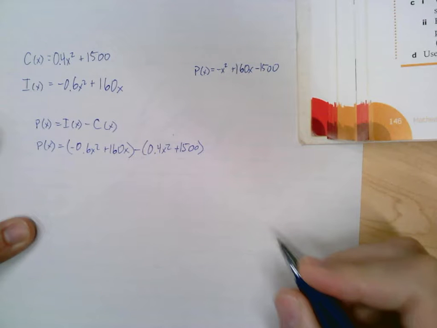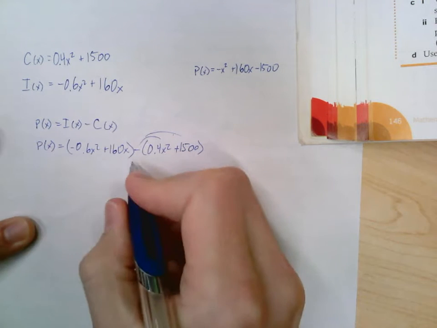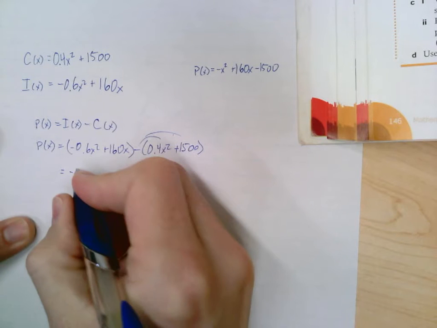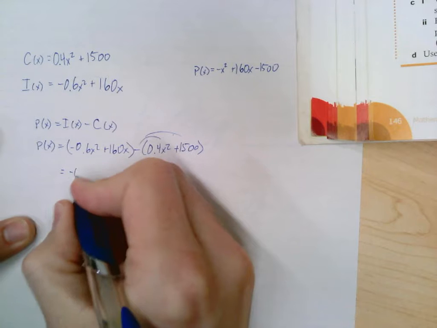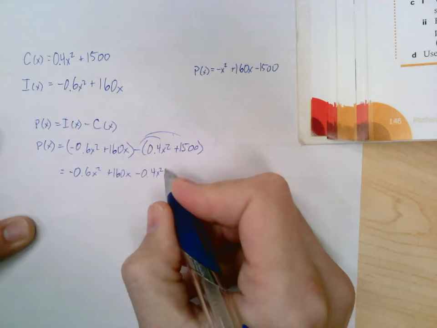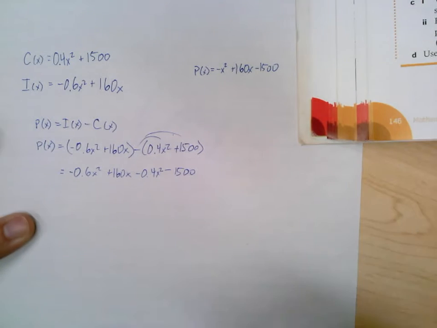Okay? And now we're going to subtract, this minus is going to distribute to both of those, just like that. And so then I won't need the parentheses anymore because I distributed the minus. And so I have 0.6x squared plus 160x, and then this will be minus 0.4x squared, and then minus 1500, just like that. And so now I'm going to put everything together.